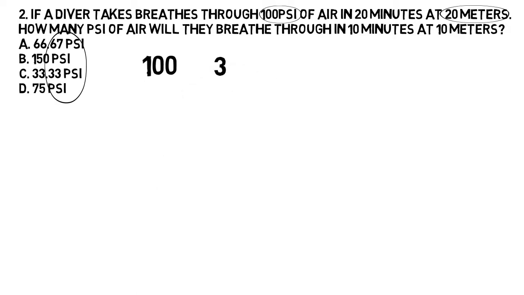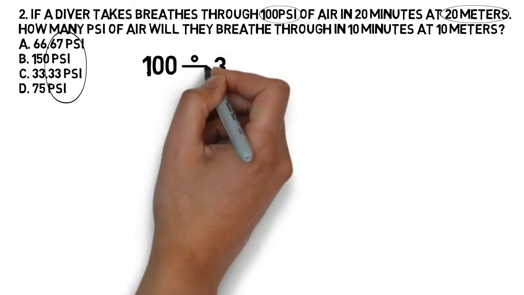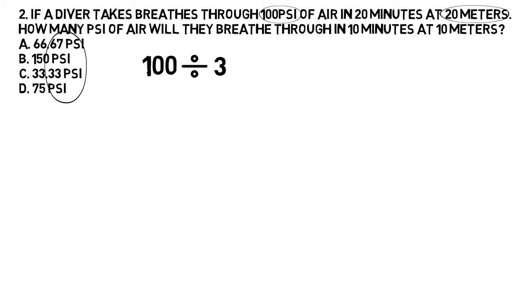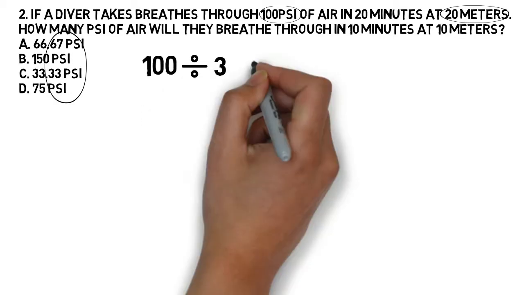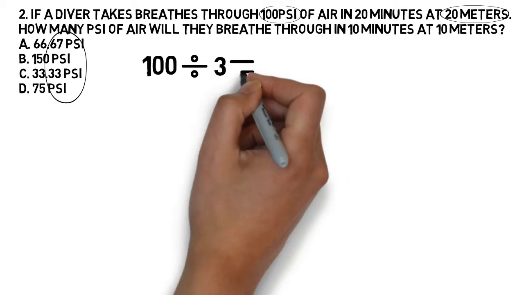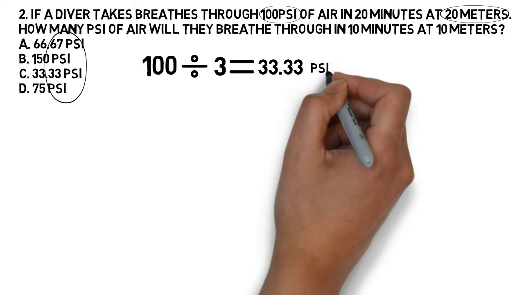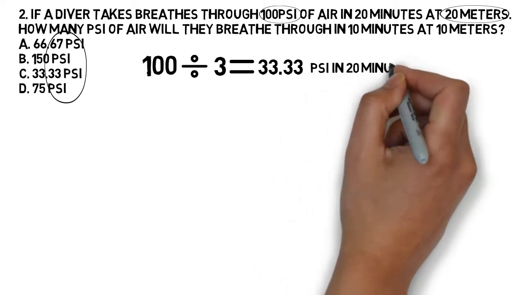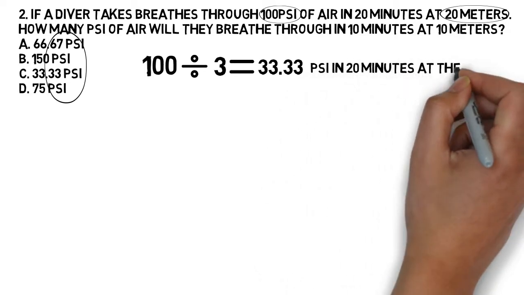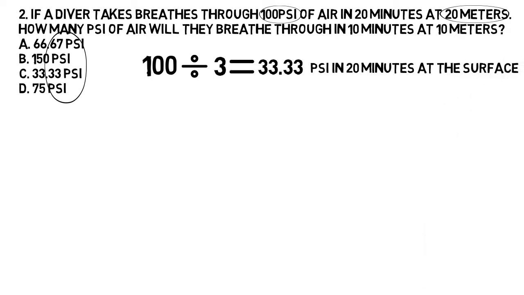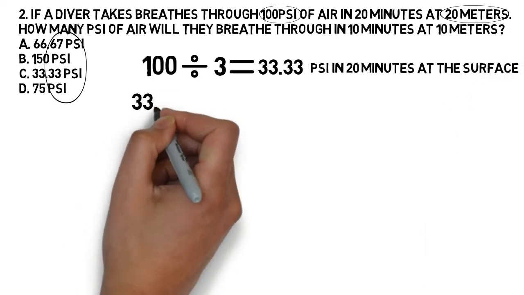Let's pause and think, do we multiply or divide? Well, I am going through 100 psi of air and I want to work out how many psi of air I will go through at the surface. I want to make the number of psi smaller because I know I'll breathe through less psi of air at the surface than I would at 20 meters. So we've now calculated 33.33 psi of air in 20 minutes at the surface.